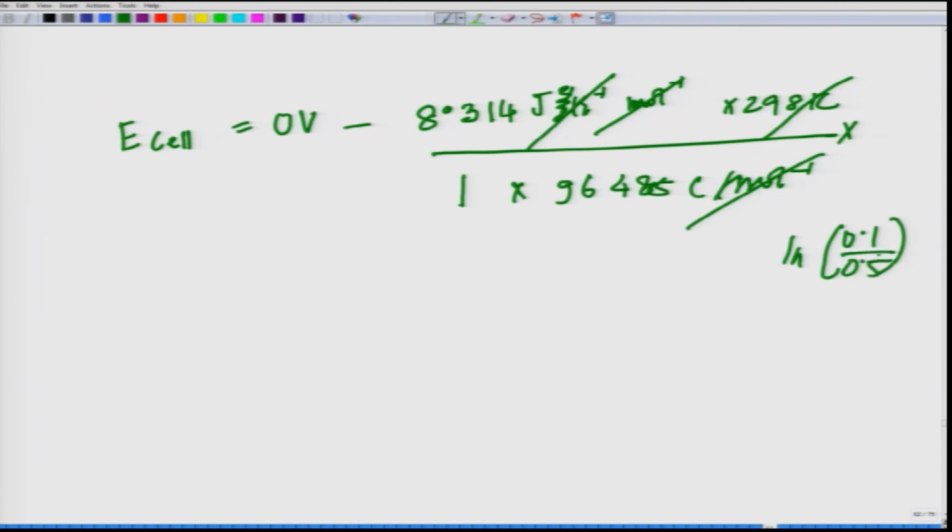So what you essentially get is 0.04 volt.